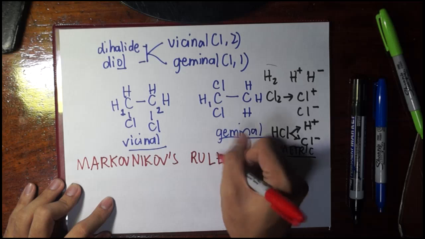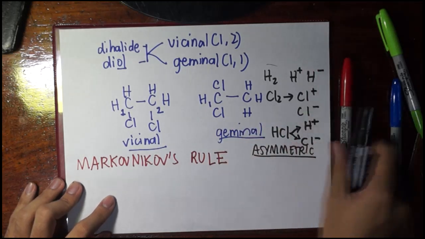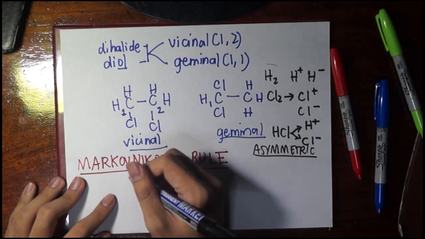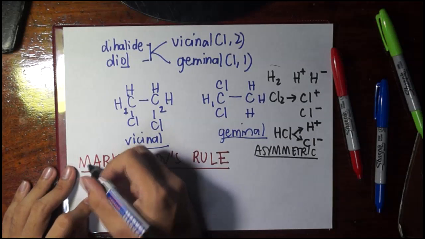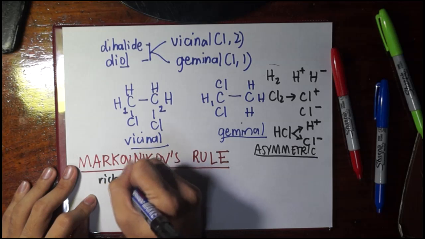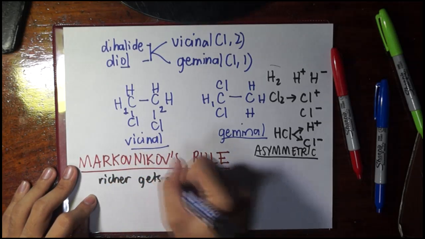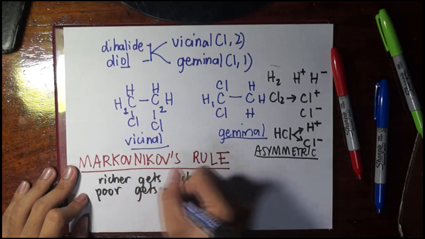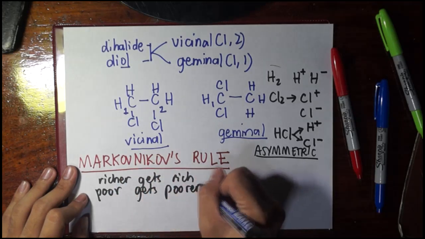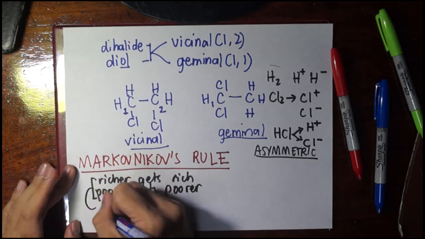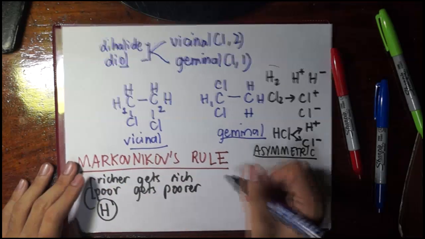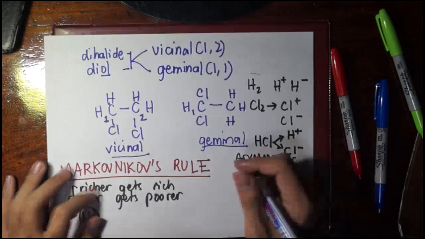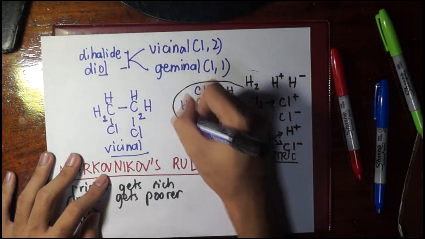Alright, cool name. So Markovnikov's rule states that, in a general nutshell, people would say, richer gets richer, poorer gets poorer. What do I mean? We are talking here about the abundance of hydrogens on the vinylic carbons. For example, I use this geminal dihalide.